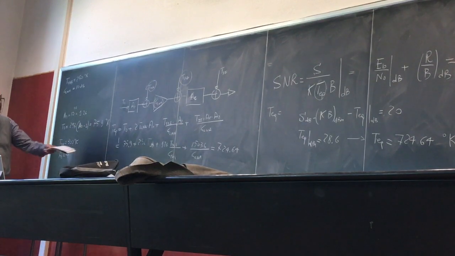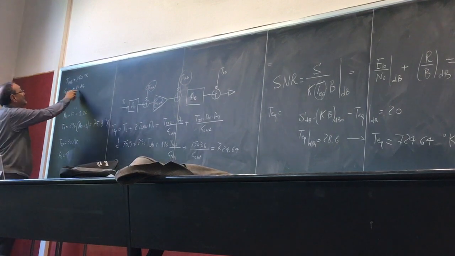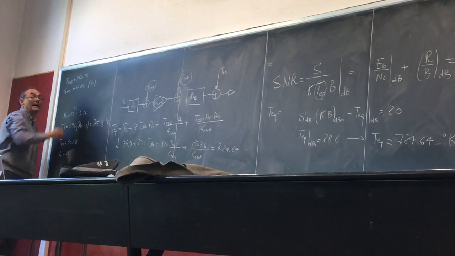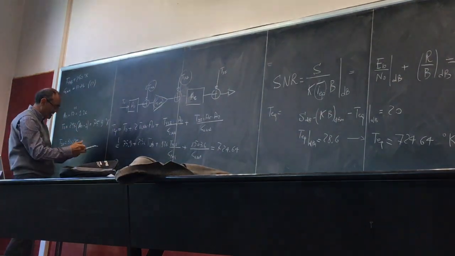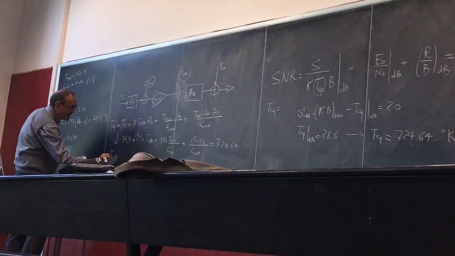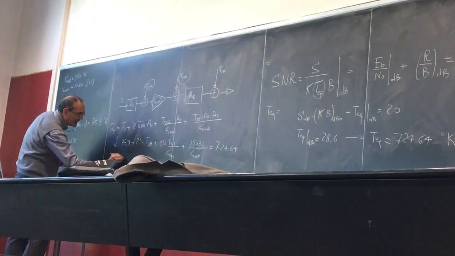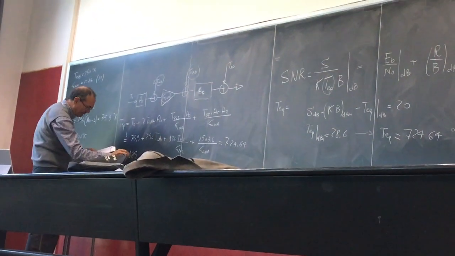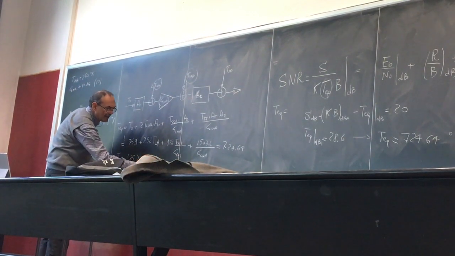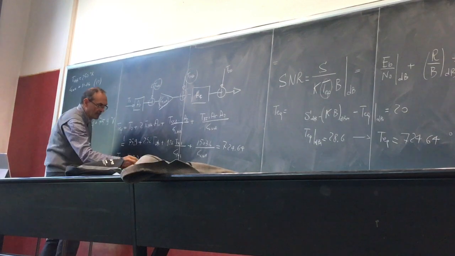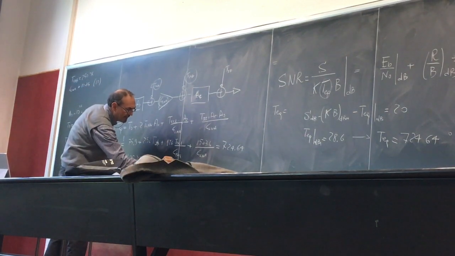What we get if we replace here these two values, okay? Let's remember that 10 dB means 10 as a natural unit. What we get here is TLNA equal to 185.27, which means, as a noise figure, 2.13 dB.